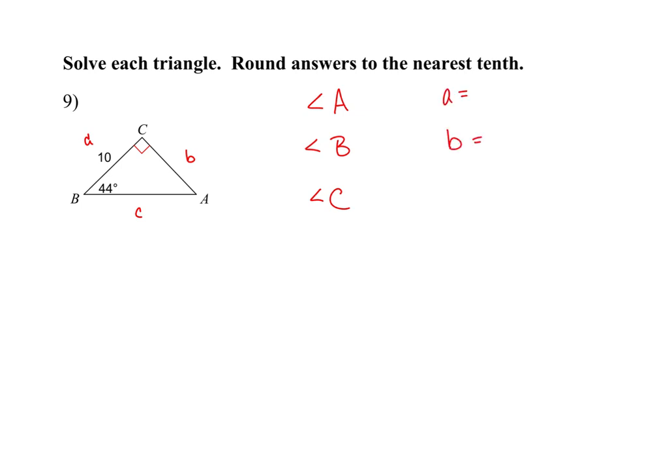Side length B, side length C. I'm going to fill in what they gave me, and then I'm going to solve for my missing measurements. So go ahead and solve that triangle. Finish it out.